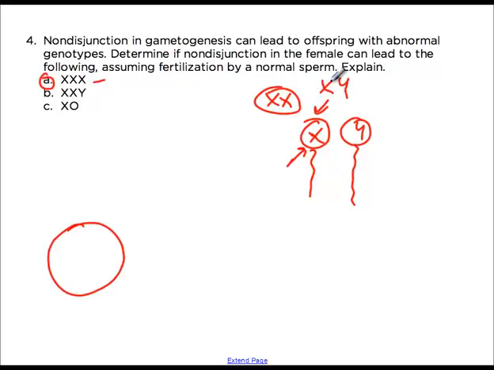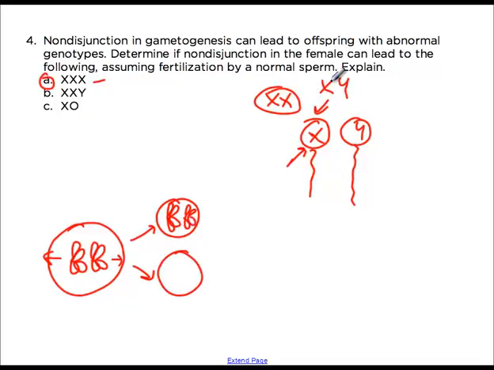So here is a female with her two X chromosomes. Meiosis I is supposed to separate the homologs. But if that fails, you're going to end up with one cell that has two X chromosomes in it and one that has 0.